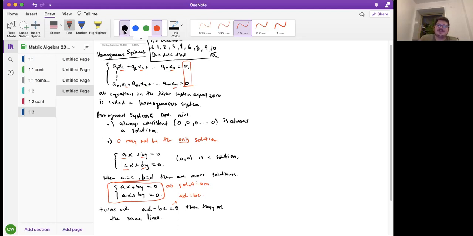Can someone say why there can't be 2 solutions? If you have 2 points that are a solution, why can't there be 2 intersections?